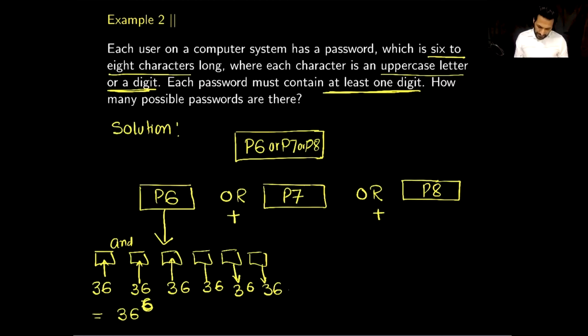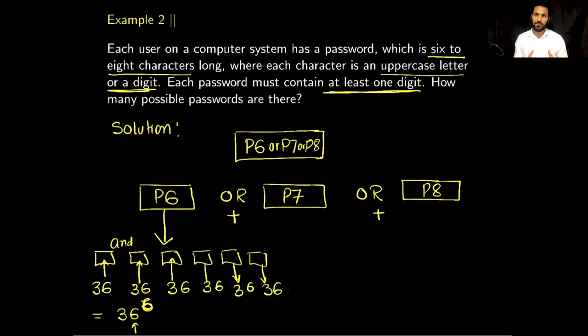But now there is a restriction that each password must contain at least one digit. But there may be passwords which do not have any digit, which contain all uppercase letters.